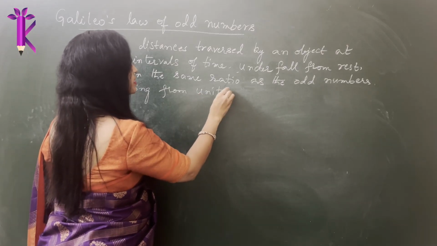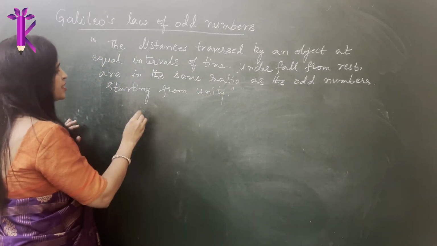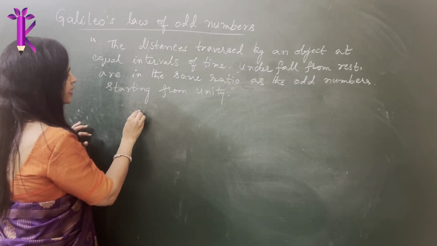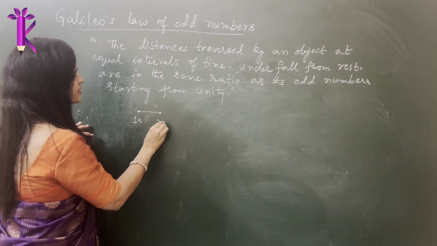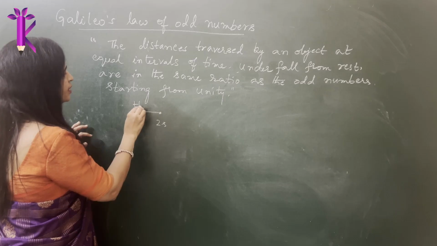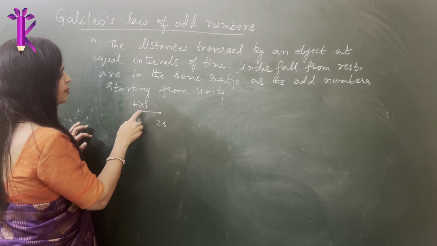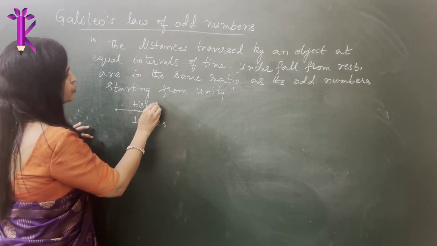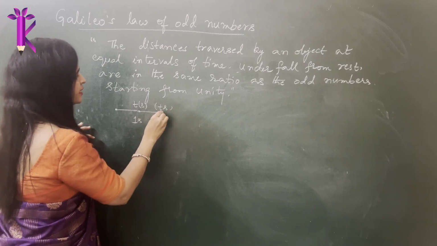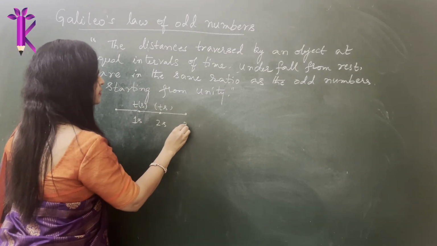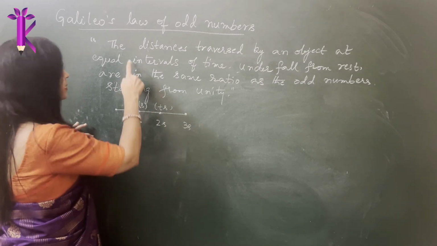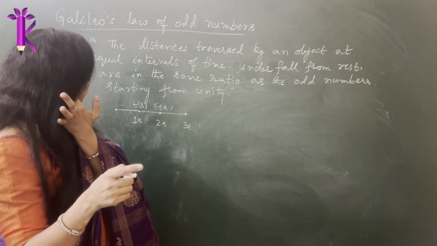So therefore, what does it say? Imagine you have an object moving, this is the first second, then in the second it is here. So it takes the same amount of time to travel from 0 to 1 second, 1 second to 2 seconds. So again it takes t seconds to here, and in the next time interval it takes the same, and the distance is traveled by an object in equal intervals.